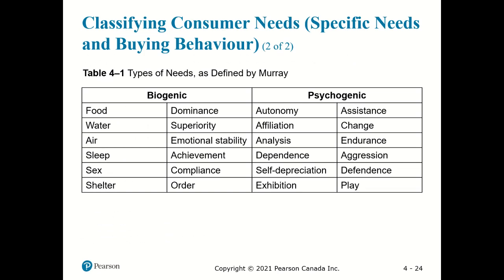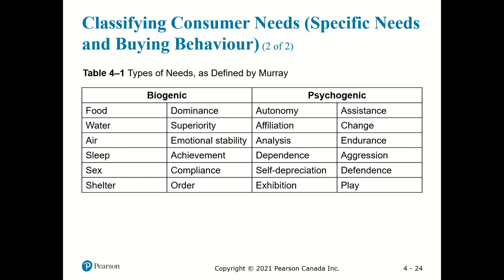Now, classifying consumer needs, biogenic and psychogenic, some examples are here. So, biogenic is like food, water, air, sleep, sex, and shelter. Dominance and superiority, emotional stability, achievement, compliance, and order.